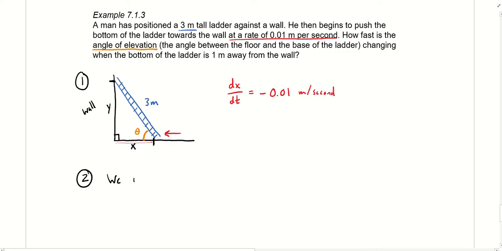What that translates to is we want dθ/dt, the instantaneous rate of change of the angle, specifically when the ladder is 1 meter away from the wall, or in other words, specifically when that x side is equal to 1 meter. So this is the quantity we want, dθ/dt, at the point where that side x is 1 meter long.